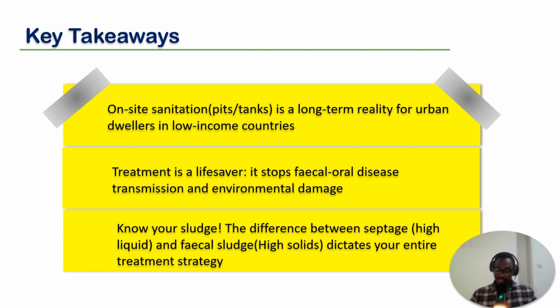Lastly here, knowing your sludge is very important, because this will help determine what treatment option you will require for the kind of sludge that you'll be picking. Just to give clarity, septage has got a high liquid content. Here we're talking about what comes out of a septic tank, whereas for fecal sludge, you have a high solids concentration. Therefore, this will determine the kind of treatment strategy.